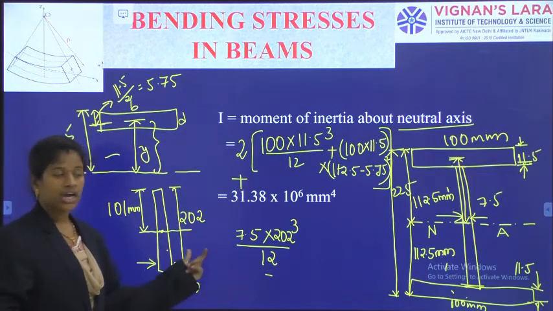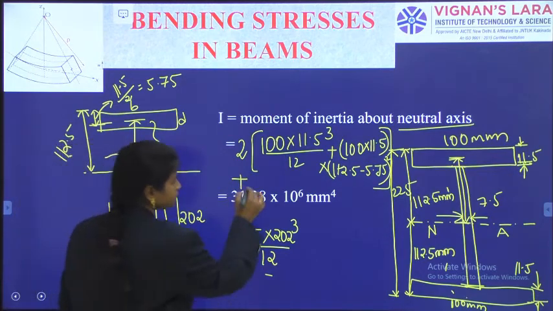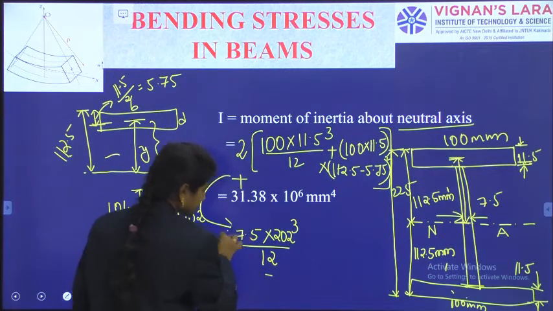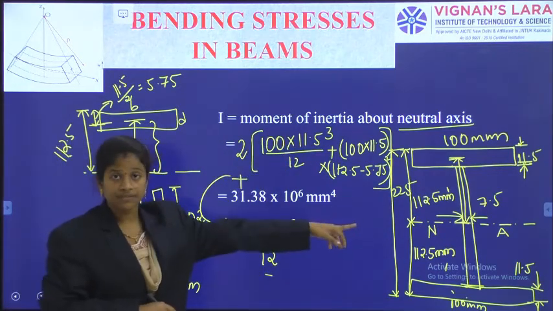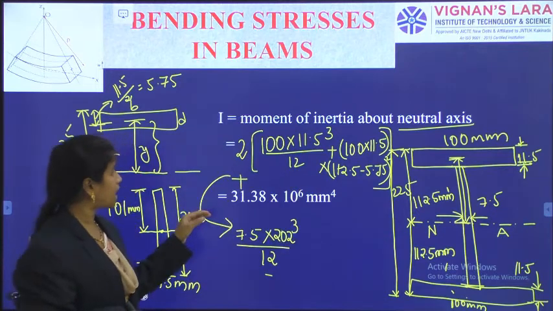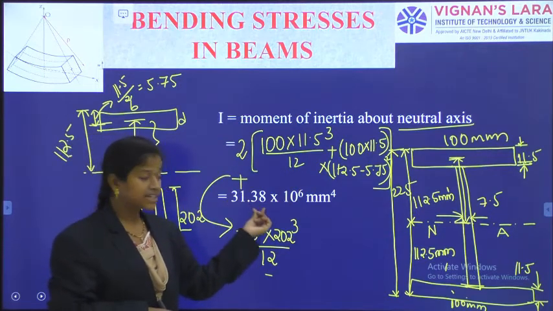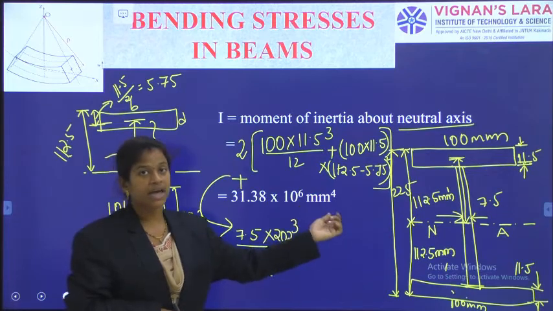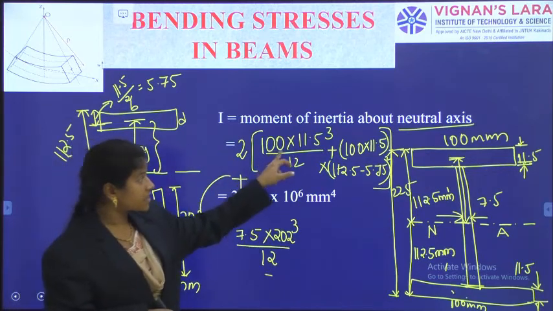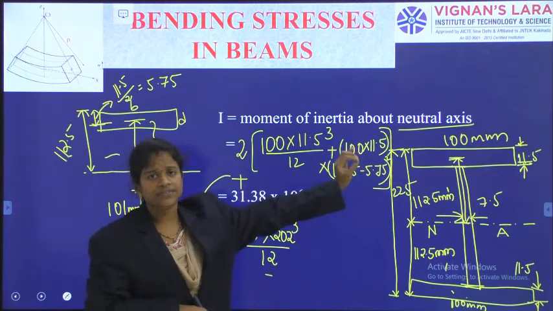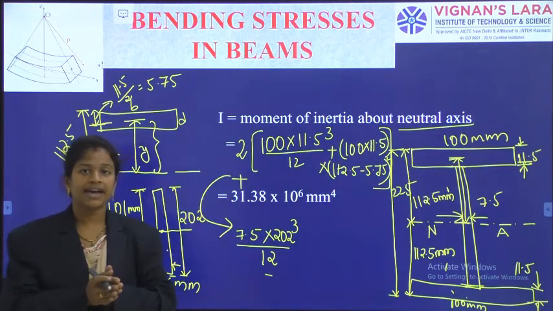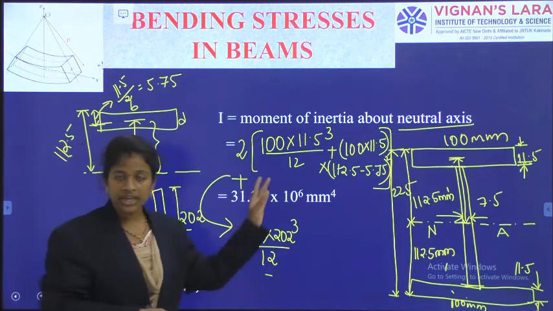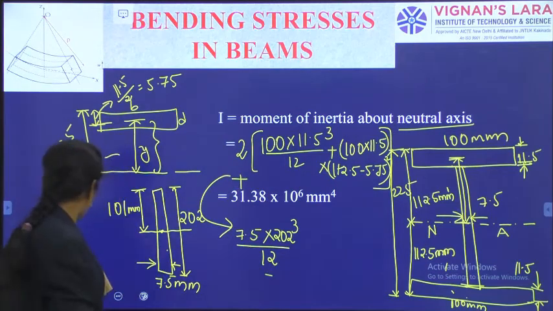In this way, we have got the next term. So for the top flange, the bottom flange, and the web, overall we have got the moment of inertia as 31.38 into 10 power 6 mm to the 4. See here, from the first step itself, I am substituting everything in millimeters only, so finally I have the moment of inertia in mm to the 4. Only the moment of inertia calculation is over now.